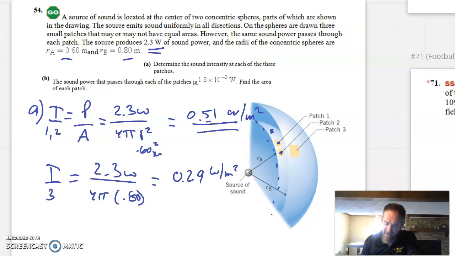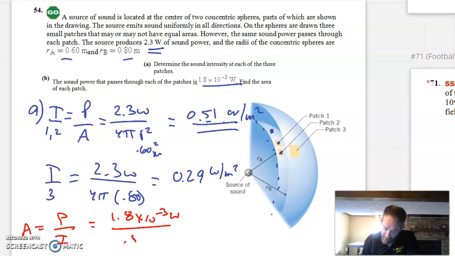Now in part B, they say the sound power that passes through each of the patches is the same, 1.8 times 10 to the minus 3 watts. Find the area of each patch. Well, now if the intensity is power divided by area, that means the area is going to be the power divided by the intensity. And so I'll take that power that they gave me, 1.8 times 10 to the minus 3 watts, and I'll divide by that intensity, 0.51.